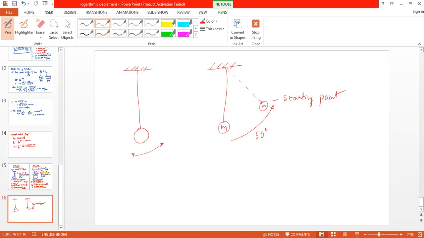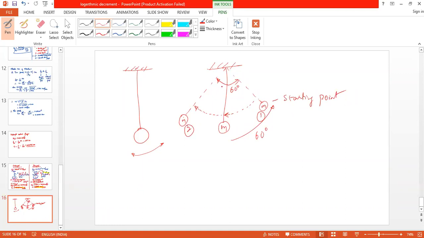If you release this, what happens? This will move in this direction, crosses the mean position, and it will go to the extreme position, right? This is position 1 and this is position 2. If this is 60 degrees, what will be this?